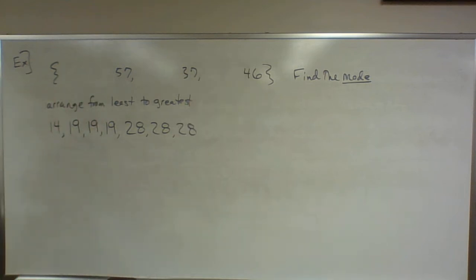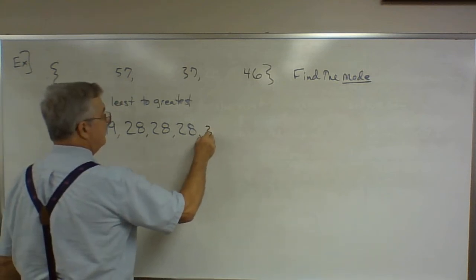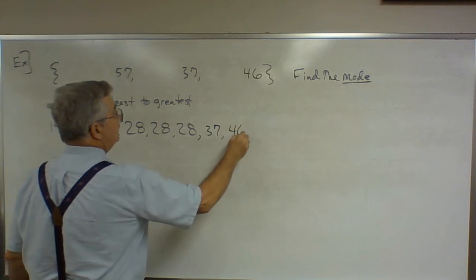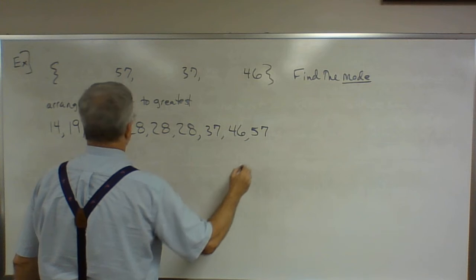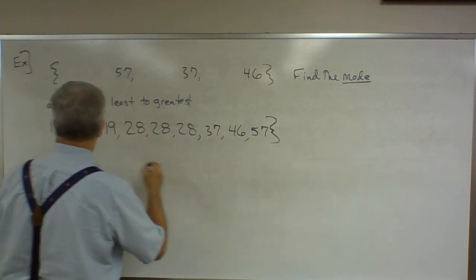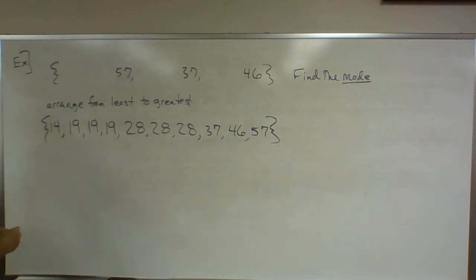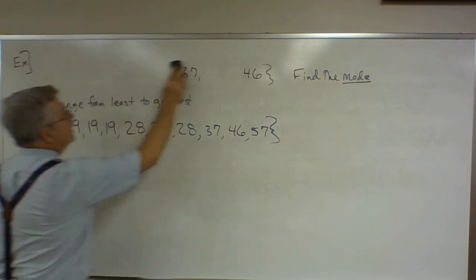And none of the remaining values repeats. I have 37, 46, and 57. So this is my set of data arranged from least to greatest.